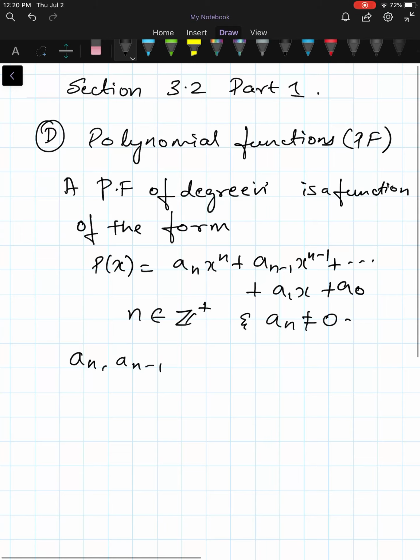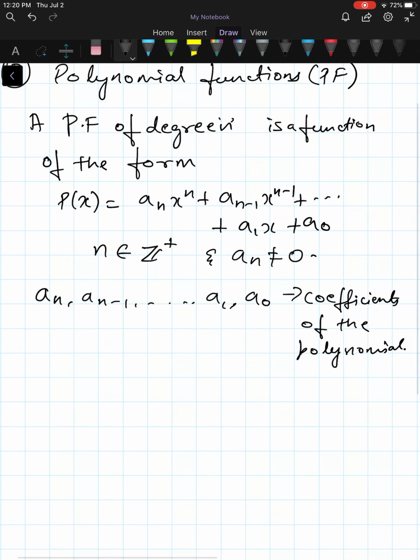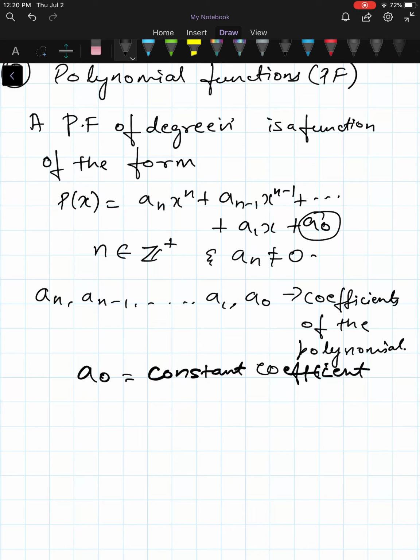These coefficients, that is a_(n-1) and so on, a_1 and a_0, are all called coefficients of the polynomial. And you have a constant, that is a_0. So a_0 is the constant coefficient or the constant term. How is it a coefficient? As I told you earlier, it is the coefficient of x to the power of 0, which is nothing but 1.